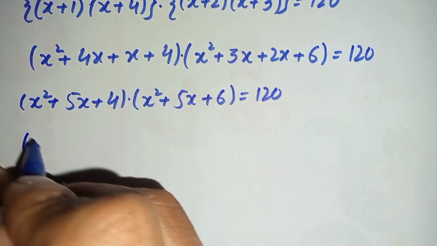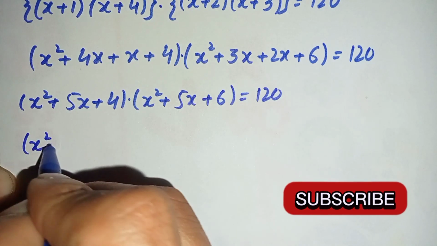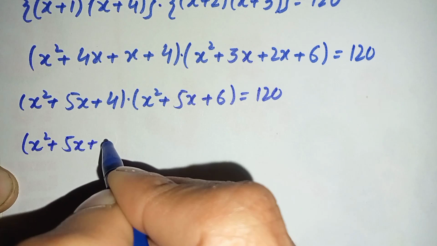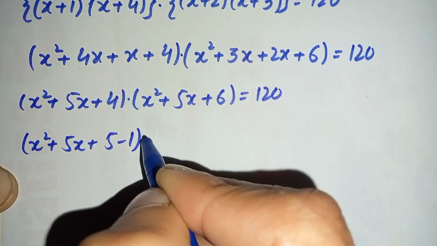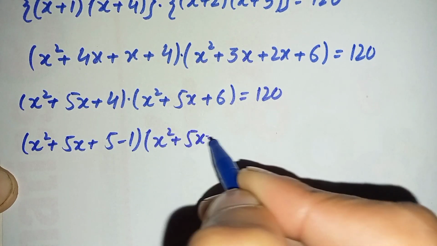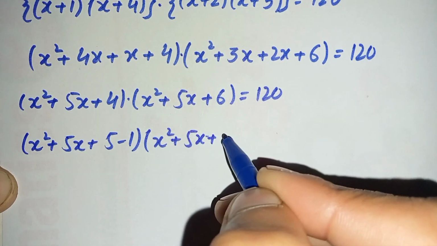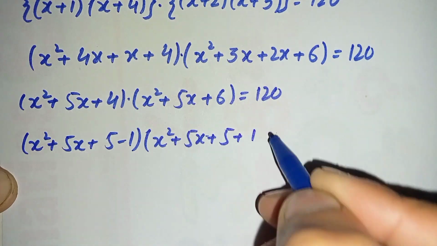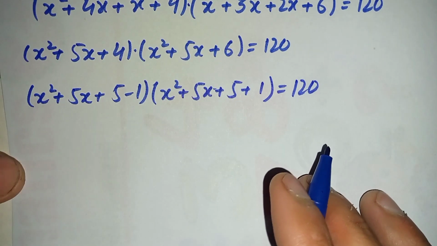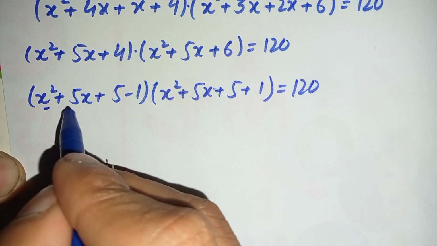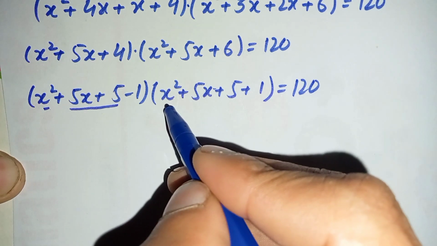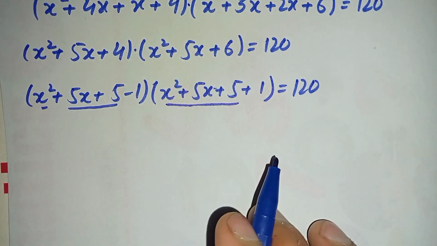So here we will make them the same as x square plus 5x plus, here we can write this 4 as 5 minus 1 times x square plus 5x plus, we can write this 6 as 5 plus 1 is equal to 120. Now my dears, look into these terms, x square plus 5x plus 5 and x square plus 5x plus 5, they are the same.